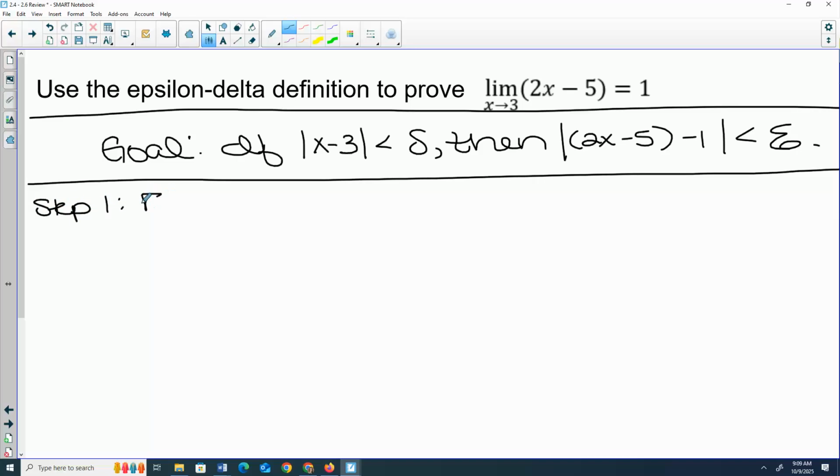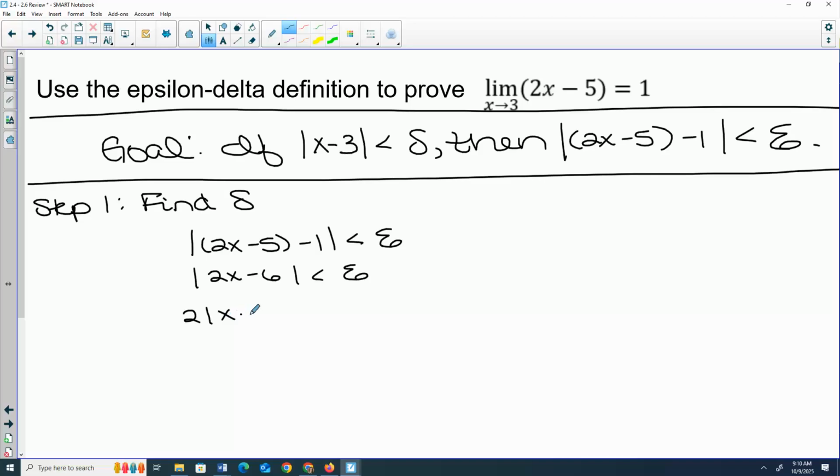To prove it, the very first thing we did was found our formula for delta. And we got it by using this epsilon expression. So that's the absolute value of 2x minus 6. What would you do now? Take it to... Okay, so if we divide it, the absolute value of x minus 3 is less than epsilon over 2.